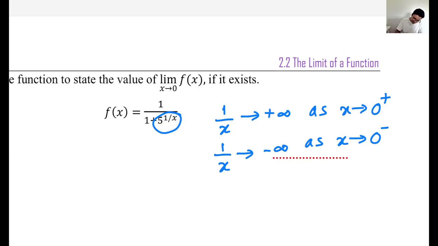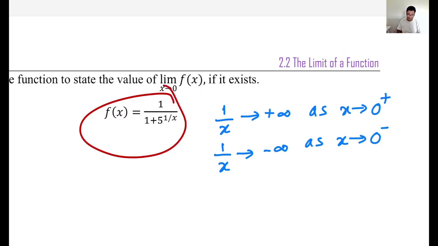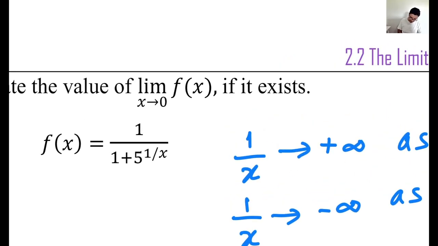So that means in this function, if you look at the left hand limit and right hand limit separately, at one point it will be 5 to the power infinity, as 1 over x will go to plus infinity, right? 5 to the power infinity will be infinity.